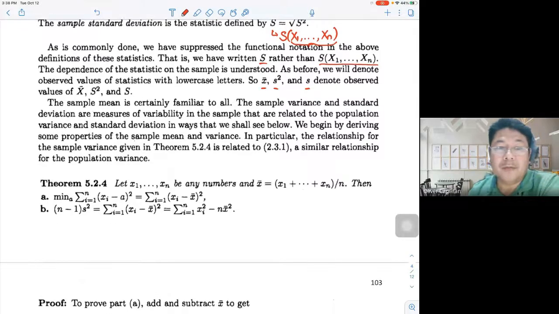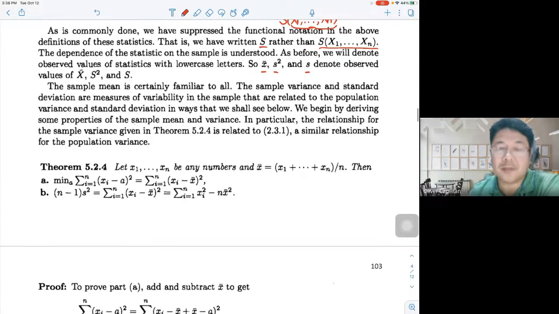We are going to derive now some properties of our sample mean and variance. But first, we're going to consider this theorem. Let X sub 1 up to X sub n be any numbers, and X bar equal to the sum of X sub 1 up to X sub n over n. Part A says that the minimum of the finite summation of the squared deviations of X sub i from a, i from 1 up to n, is attained when we choose a to be equal to X bar, giving the finite summation of the squared deviation of X sub i minus X bar.